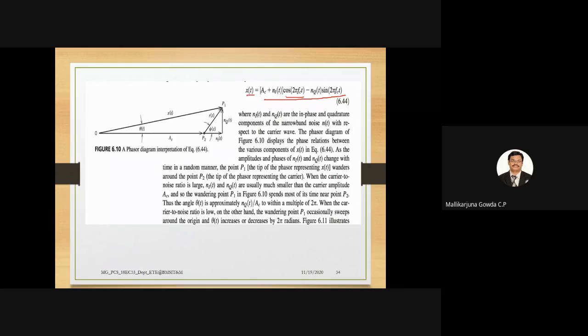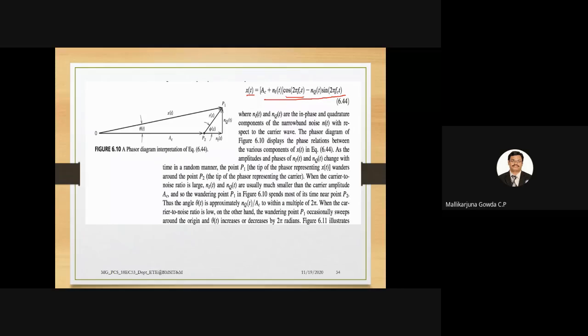We used to write x of t as s of t plus n of t, right? Here, s of t will be only the unmodulated carrier, so I can write s of t as A_C cosine of 2 pi f_c t.